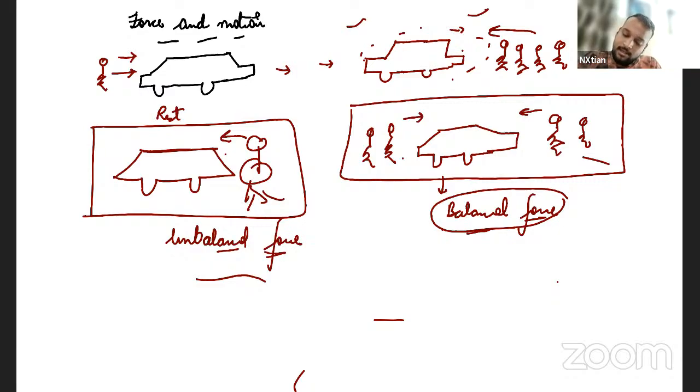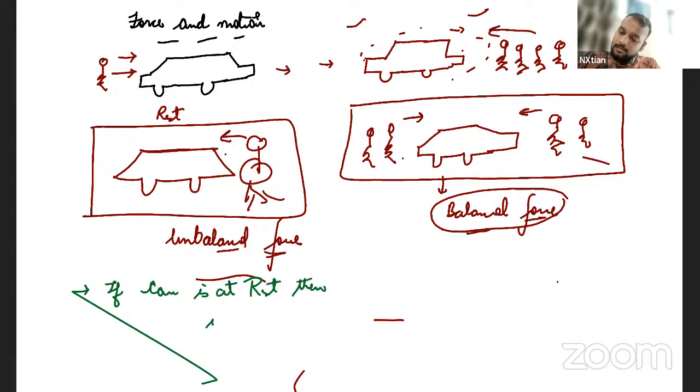What is the result of unbalanced force? If the car is at rest, then it will move. And what is the result of balanced force?